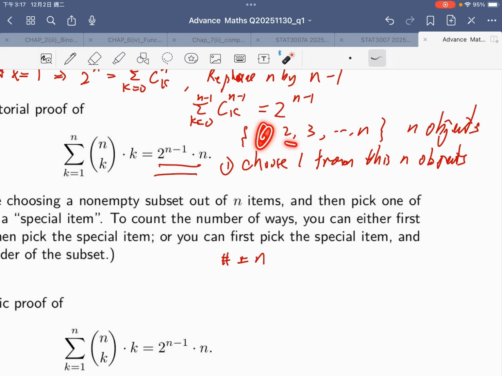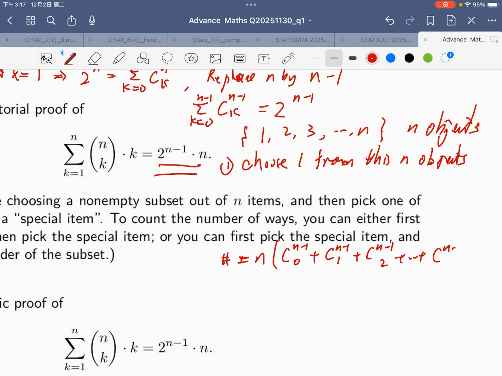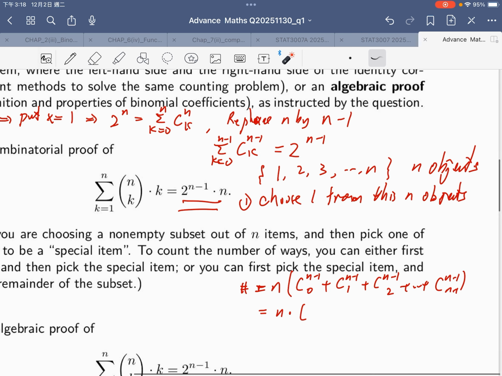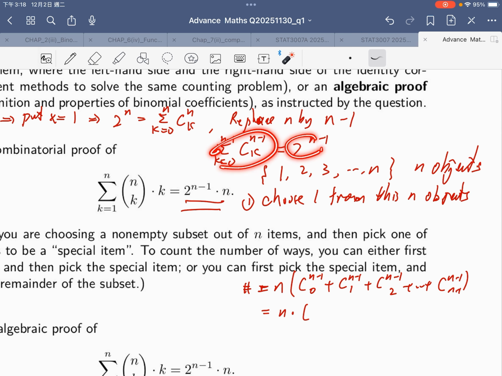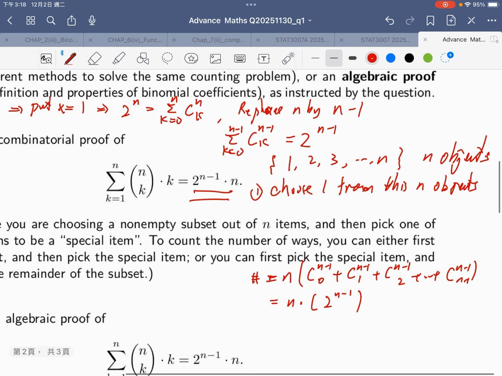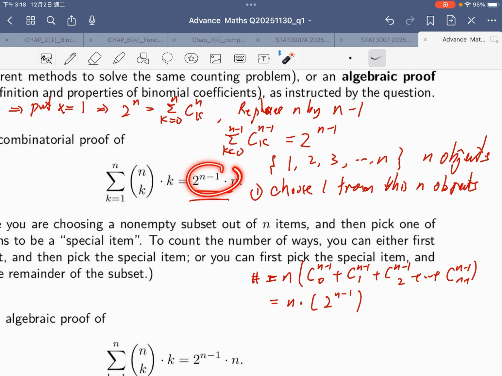Once I choose one, there are n minus 1 objects left. For these n minus 1 objects, I choose 0, 1, 2, up to n minus 1, that is (n-1)C0, (n-1)C1, (n-1)C2, up to (n-1)C(n-1). Then n times this sum is n times 2 to the power n minus 1, which is the right hand side of this one.